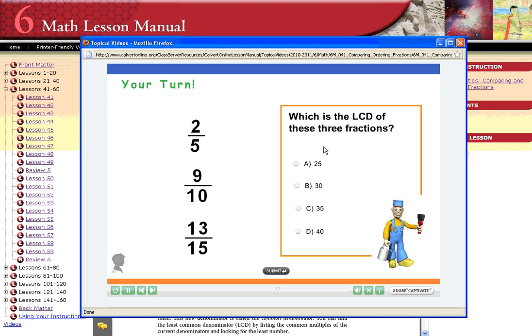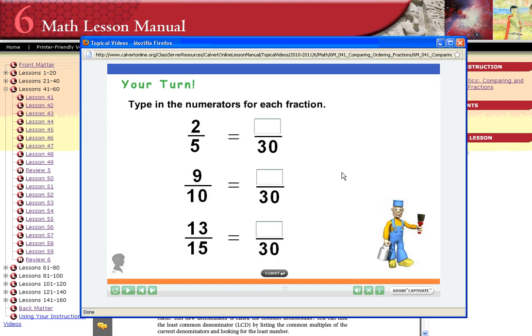You can use this same procedure when you have more than two fractions. Suppose you are asked to put these fractions in order from least to greatest. Once again, you would start by finding the least common denominator. Which is the LCD of these three fractions? Now type in the numerators for each fraction.